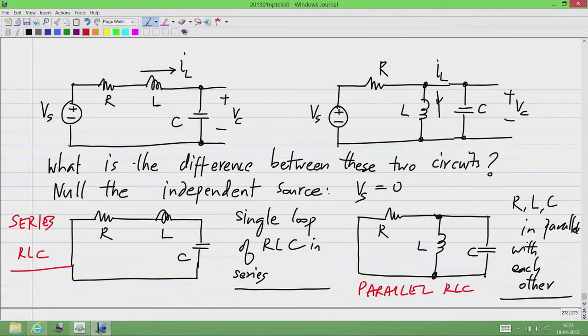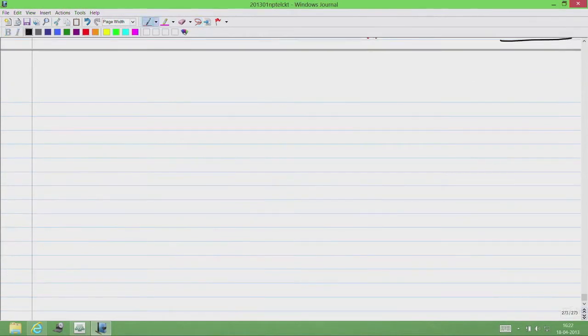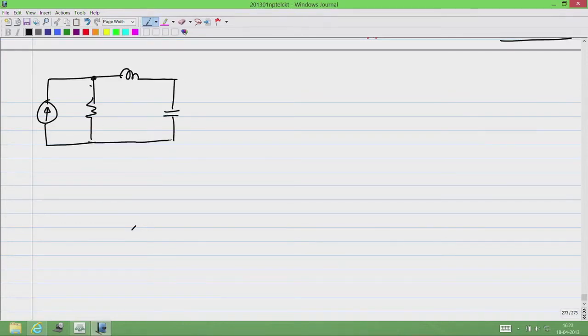Now it does not matter where the source is. For instance, what I mean is, so let us say I had a circuit like this. Or a circuit like this.